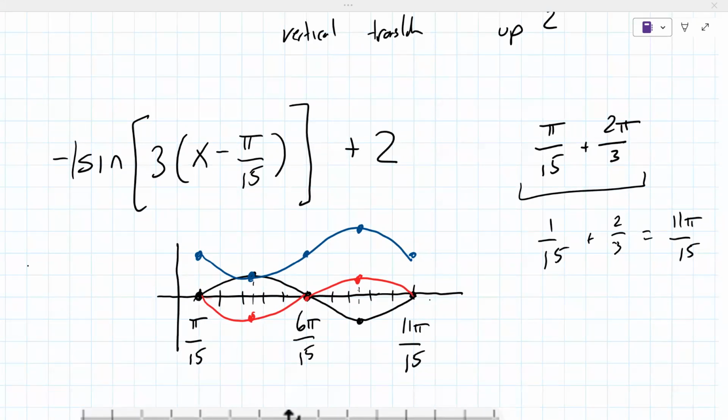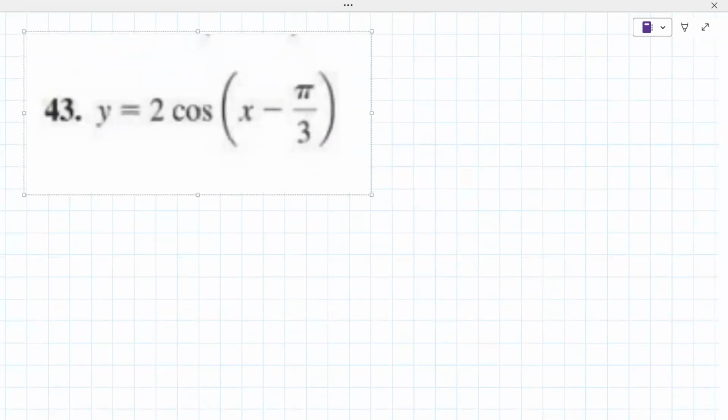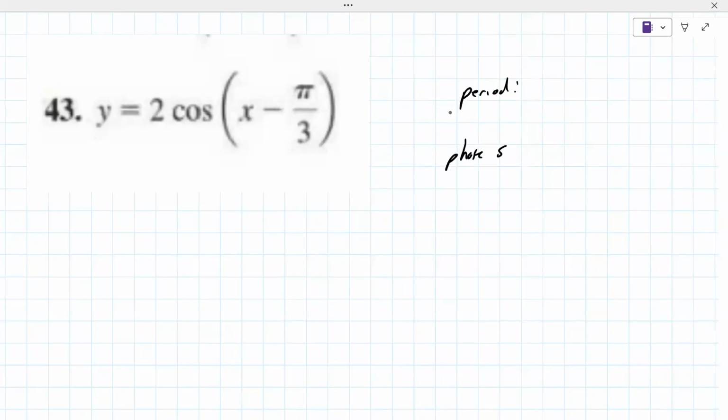We could do 43 and 44. Okay. So what is the period and the phase shift? Have you start with that?